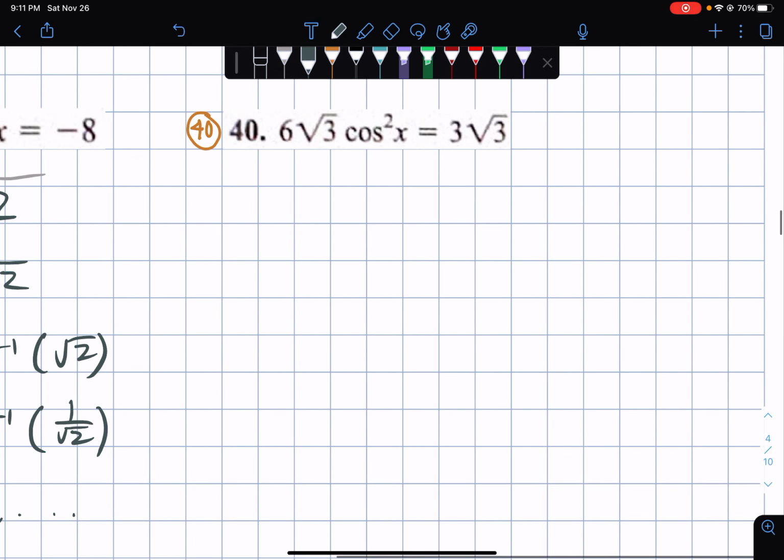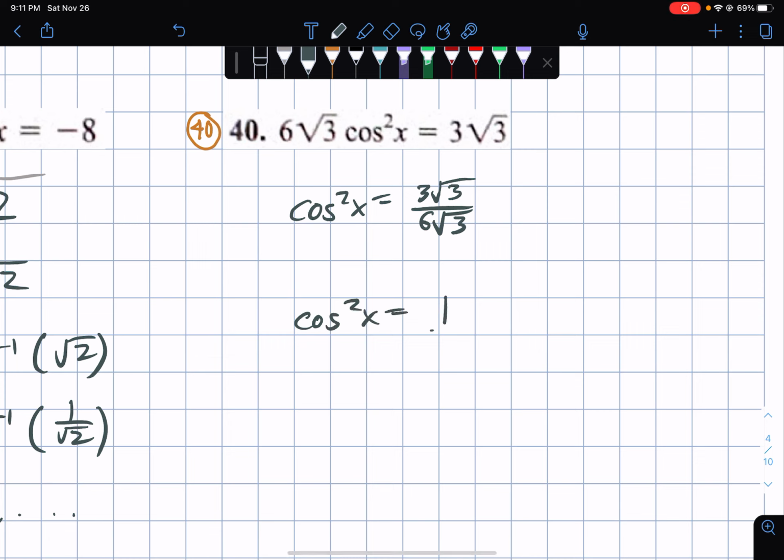Okay, number 40. Cosine raised to 2x is equal to 3 times the square root of 3 divided by 6 times the square root of 3. That would eventually be 1 over 2, I suppose. And square both sides.